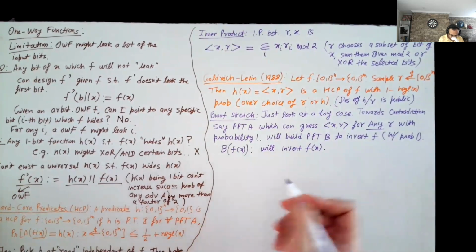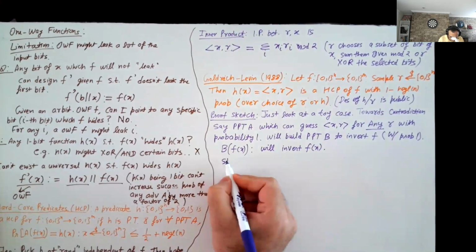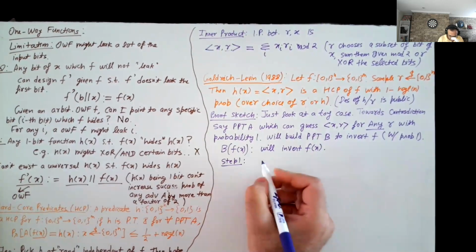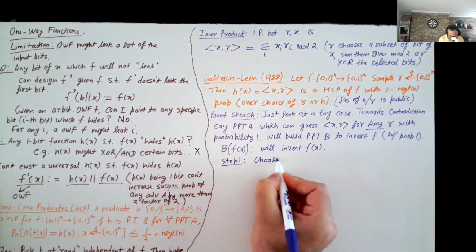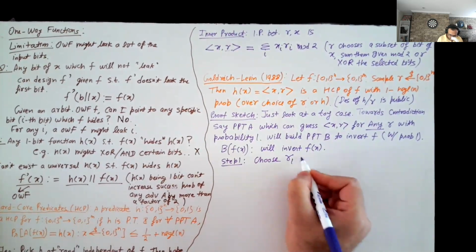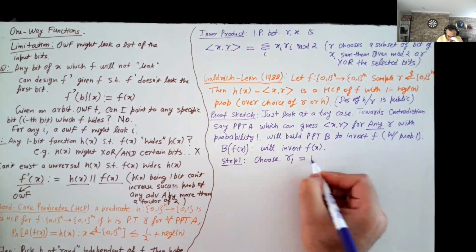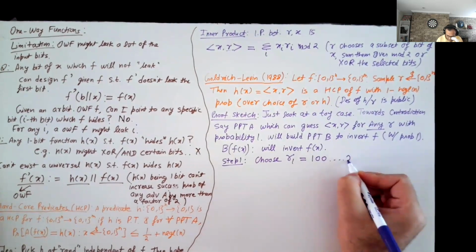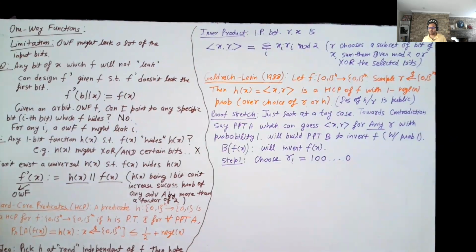Step 1 is choose R1, which is equal to 1 0 0 0. So this is an n-bit string, and only the first bit is 1.